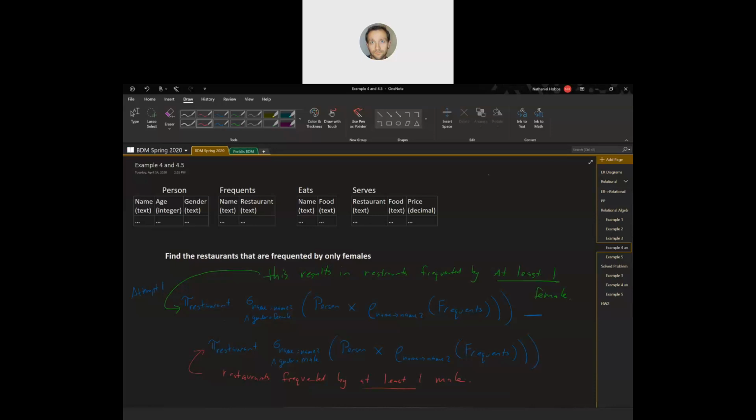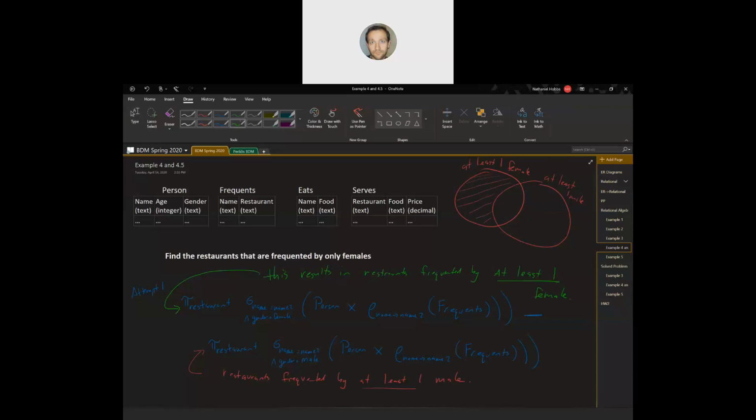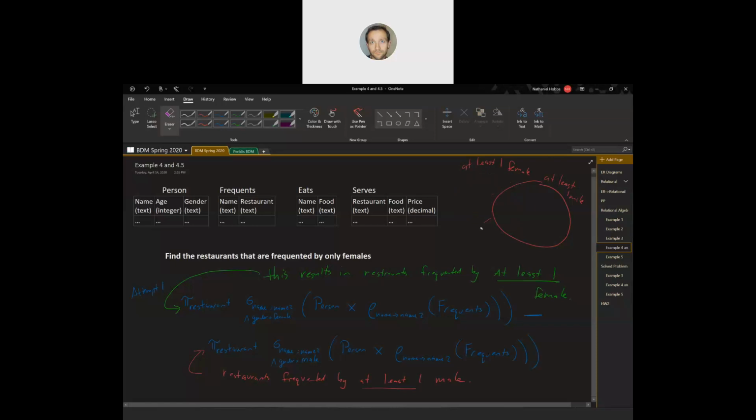Yes. So you have a set here with at least one female. And here you have those that have at least one male. And the set difference is returning this. So this first query in green, maybe I should have just stuck with the colors, but yeah, this first query in green are those with at least one female.